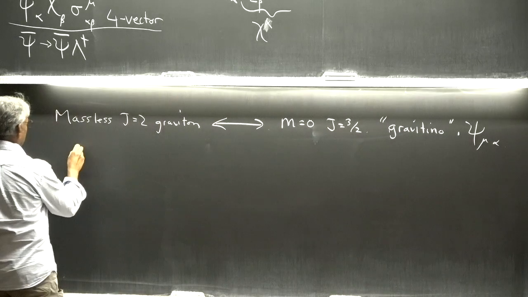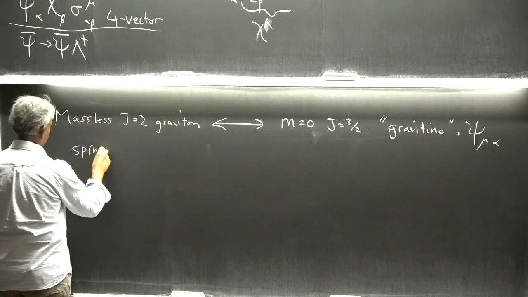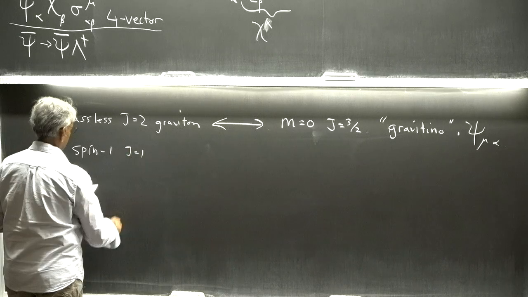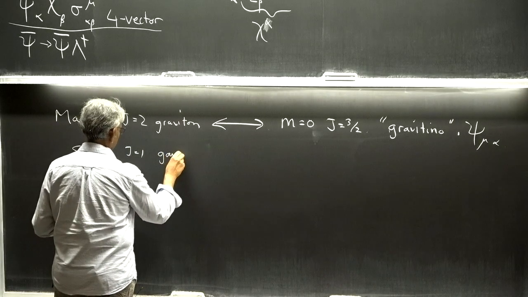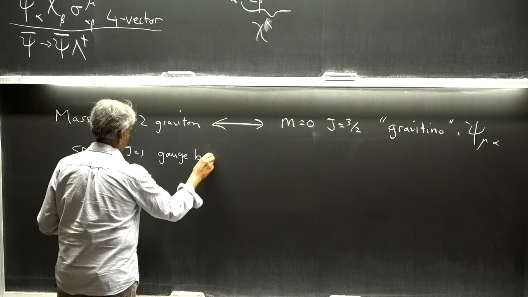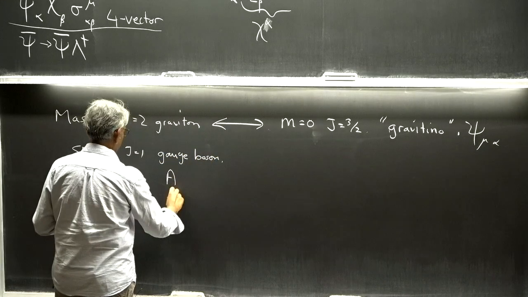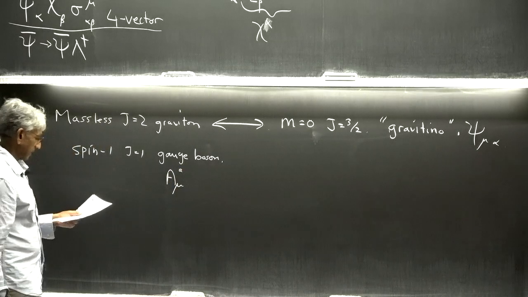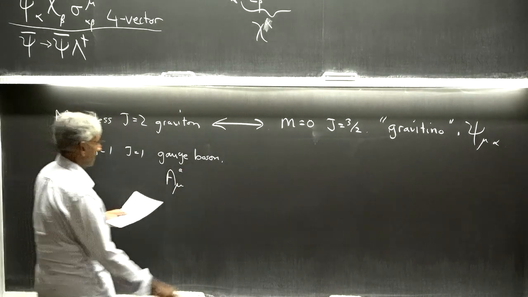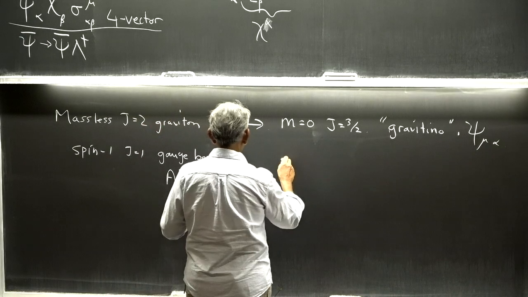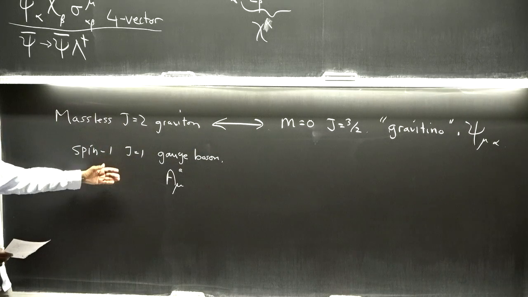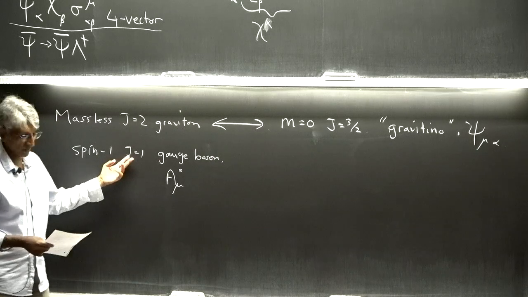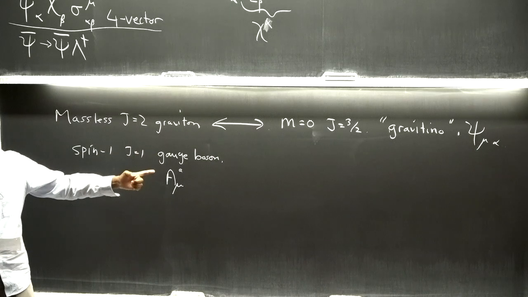Now let's look at another famous boson, the gauge boson A mu. It may have different species. If Q raises this by spin 1/2, it'll make it again spin 3/2.